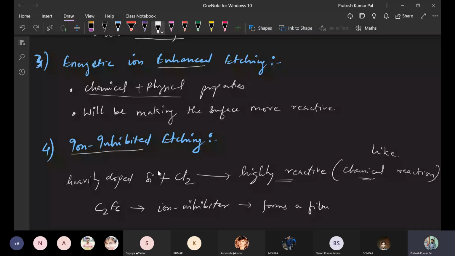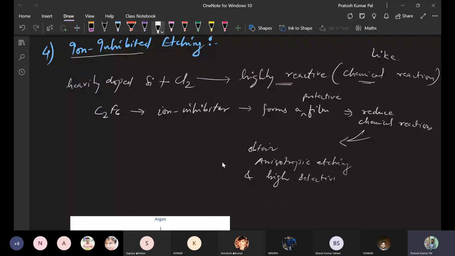If it is able to reduce the chemical reactions, that means we will be able to obtain anisotropic etching and selectivity also. Okay, so our main motive was to obtain anisotropic type of etching, also etching that is having high selectivity.